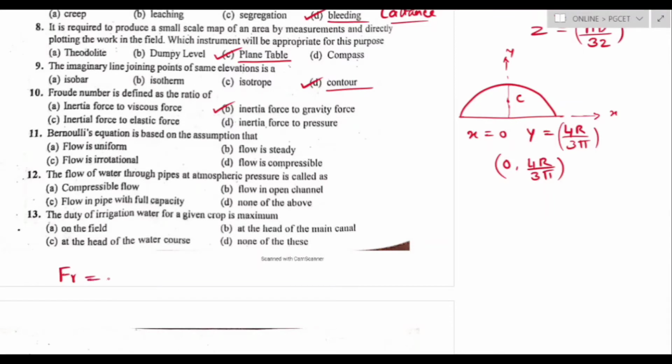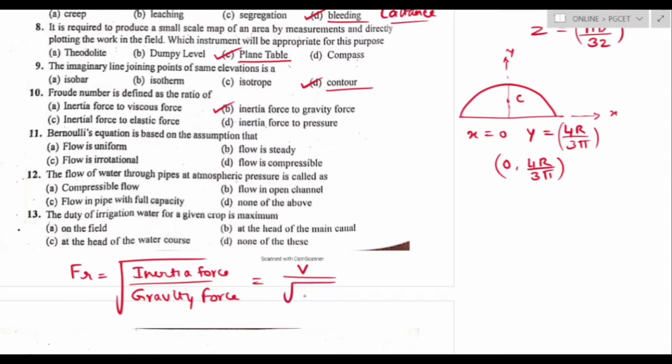Froude number is given by, Froude number is denoted by Fr, that is equal to inertia force by gravitational force or gravity force, that is given by V by square root of g into D, where V is the average velocity of the liquid in the channel expressed in meter per second, and g is the acceleration due to gravity expressed in meter per second square, and D is the hydraulic depth, that is given by cross-section area of the flow by top width.